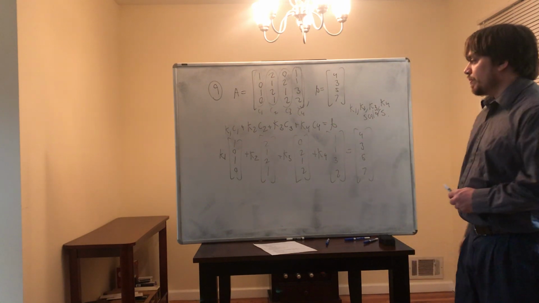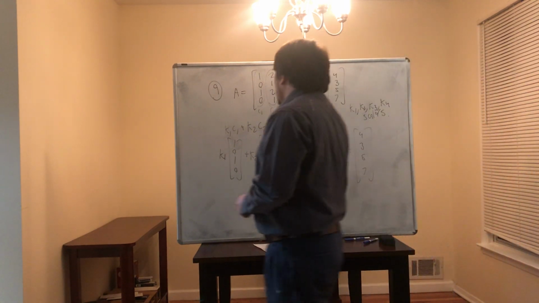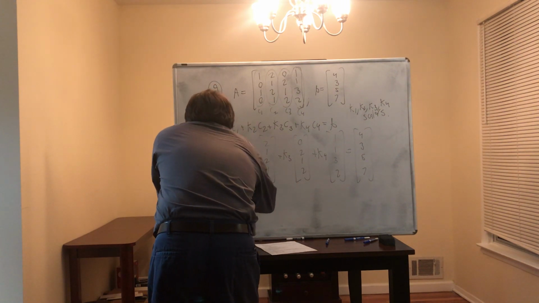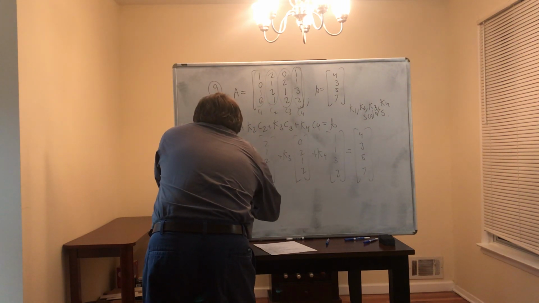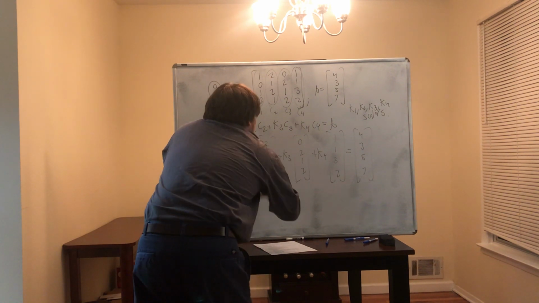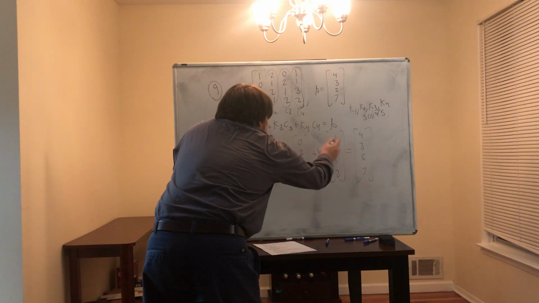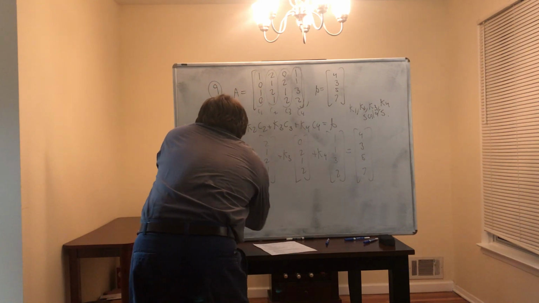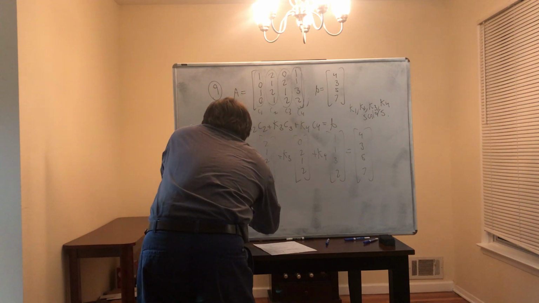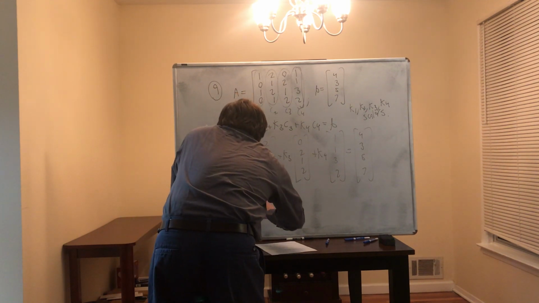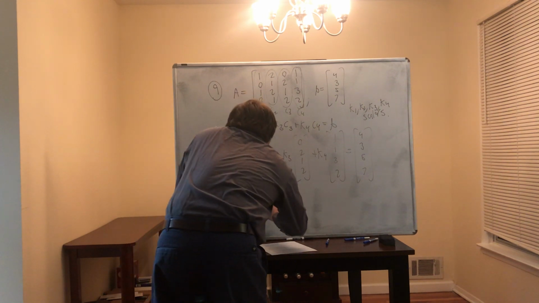So if you look at the entries here, you get the linear system: K1 plus 2K2 plus 0K3 plus 1K4 is equal to 4. You get 0K1 plus 1K2 plus 2K3 plus 1K4 is equal to 3.